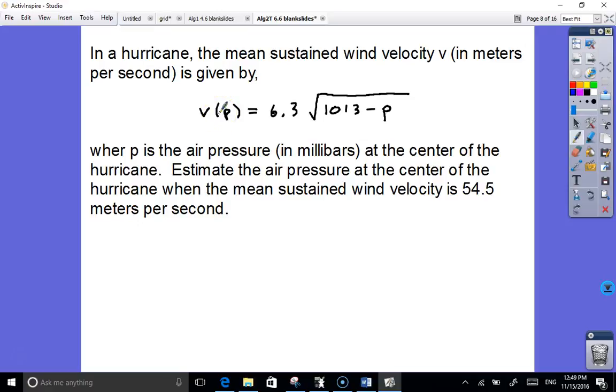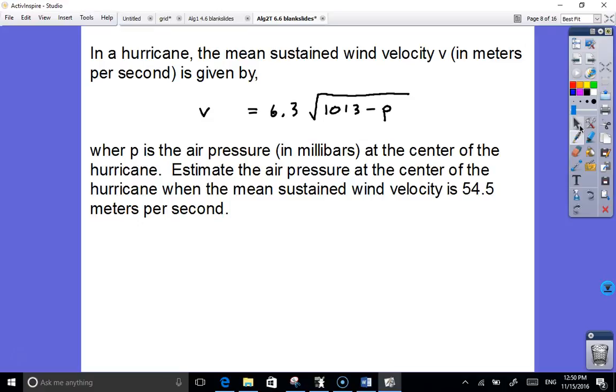If it causes problems, you can just get rid of the P. Now it's velocity. So V equals 6.3 times the square root of 1013 minus P. And P is the air pressure in millibars at the center of the hurricane. Estimate the air pressure at the center of the hurricane when the mean sustained wind velocity is 54.5 meters per second.